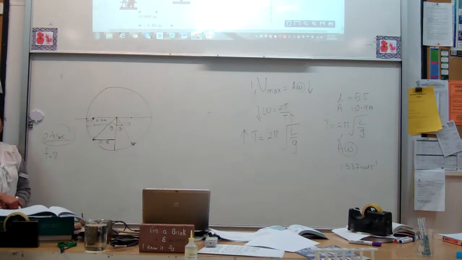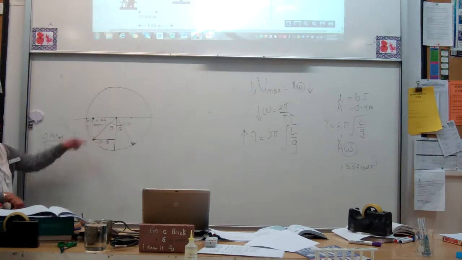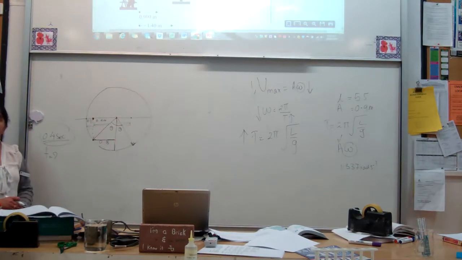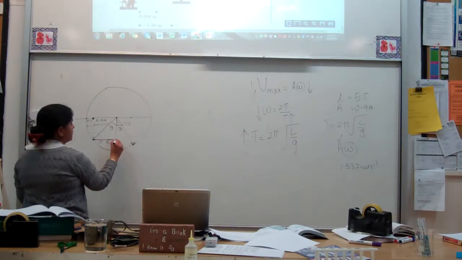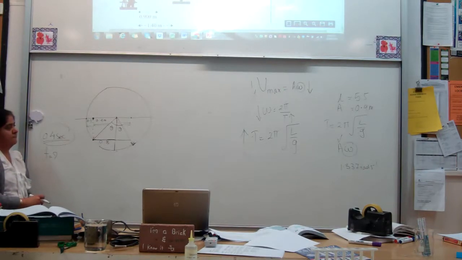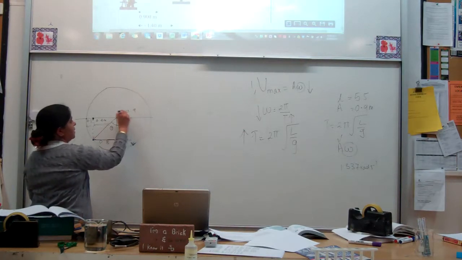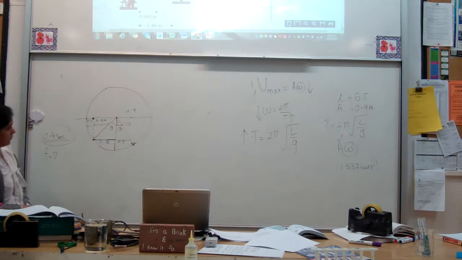Everyone agree why this is 0.8? Because it's that distance I'm measuring here. Next, what is this distance? 0.5. Correct. Because the whole thing was 0.9 and this one was 1.4 from there, so you're left with 0.5.